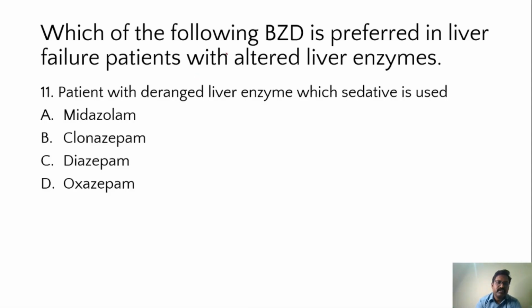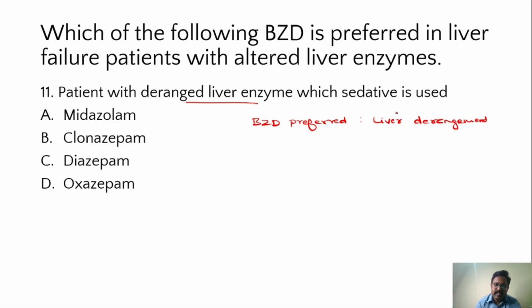So next, coming to which of the following benzodiazepines is preferred in a liver failure patient with altered liver enzymes. You need to find out the sedative which is preferred in a patient who is having deranged liver enzymes. Please remember the benzodiazepines which are preferred in case of liver derangements.